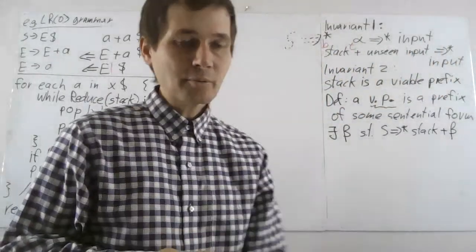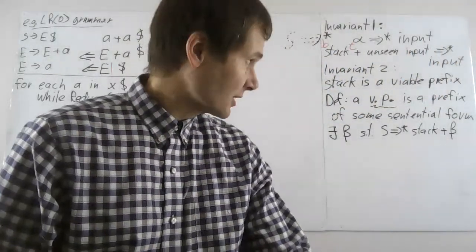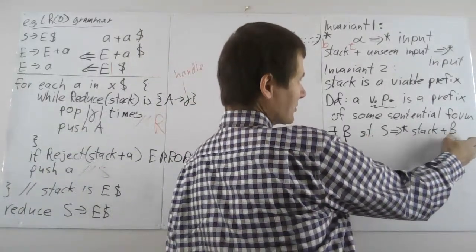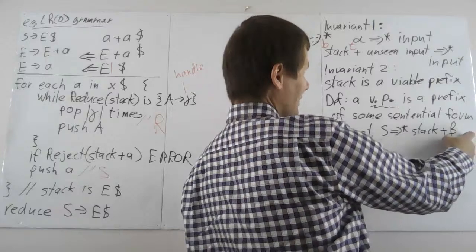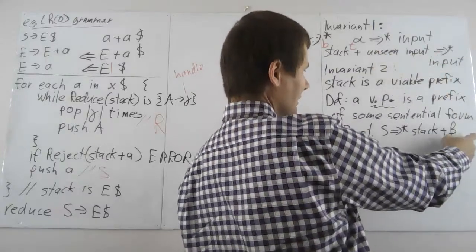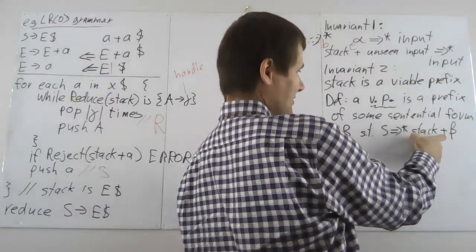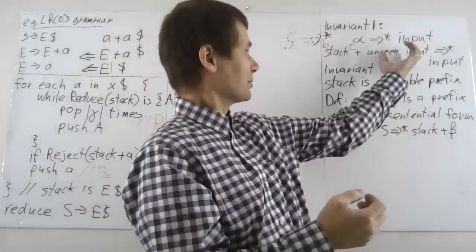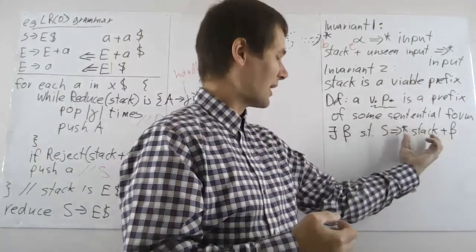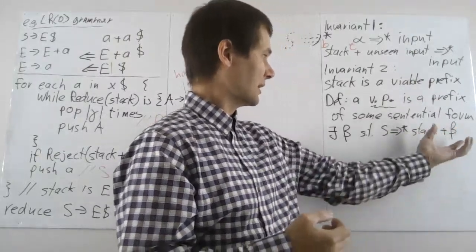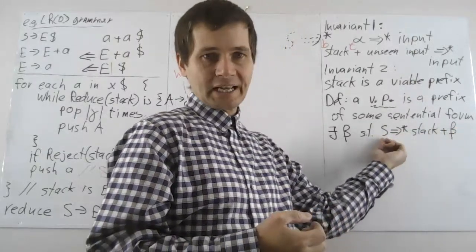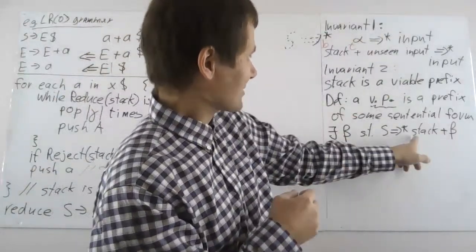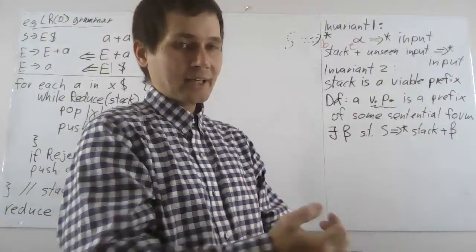Okay, and so here's where the optimism about the unseen input comes in, right? So if there is some possible, happy input that we could have in the unseen input, such that S derives the stack plus that input, then we have a hope that the real input really is that one, and S derives the stack plus that input. So we still have a hope of reaching S. On the flip side, if the stack is not a viable prefix, then there is no hope.